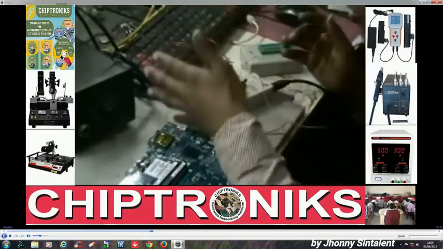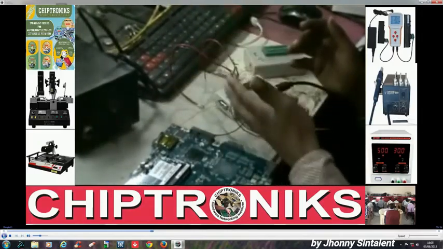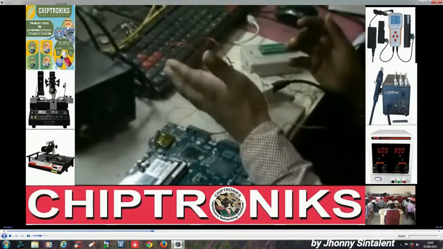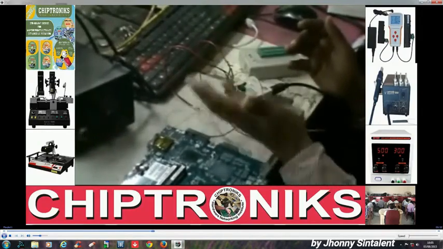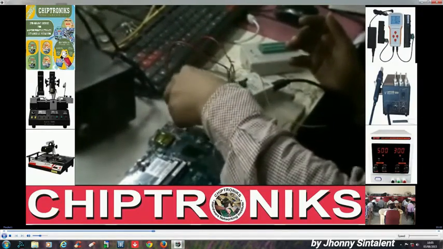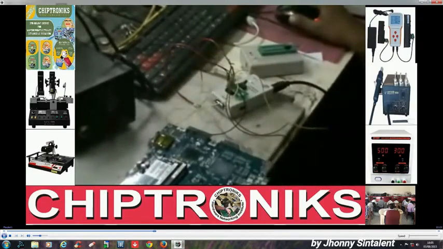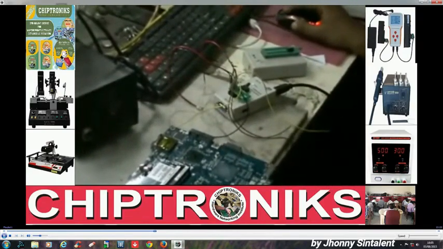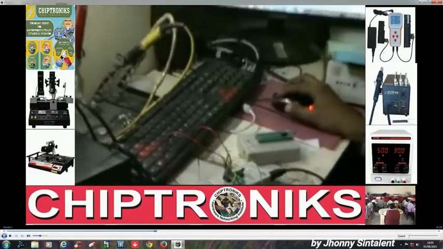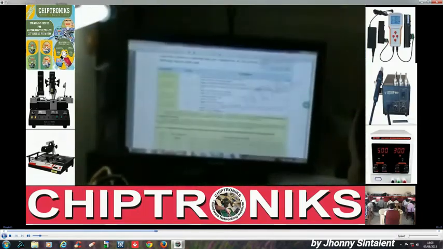Since there is no crystal present, it has an embedded crystal. So supply, reset, clock is already there, right? And if we ground pin 42, then it will be in the test mode. Okay, so this is a very important pin. We have to ground this pin number 42.